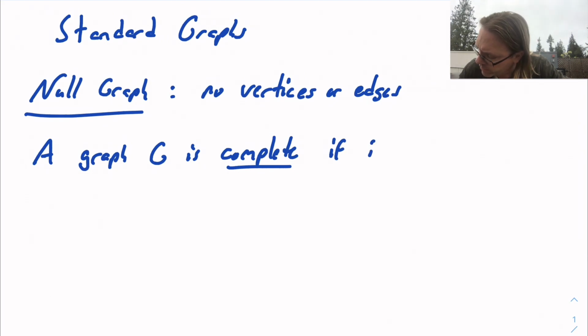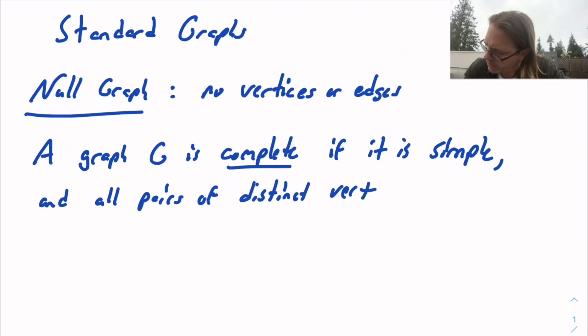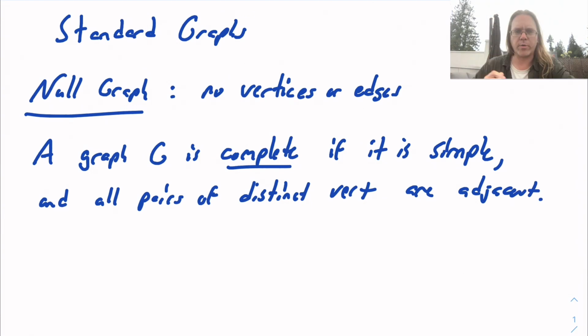So it's complete if it is simple and all pairs of distinct vertices are adjacent. Okay, so this is a descriptor.